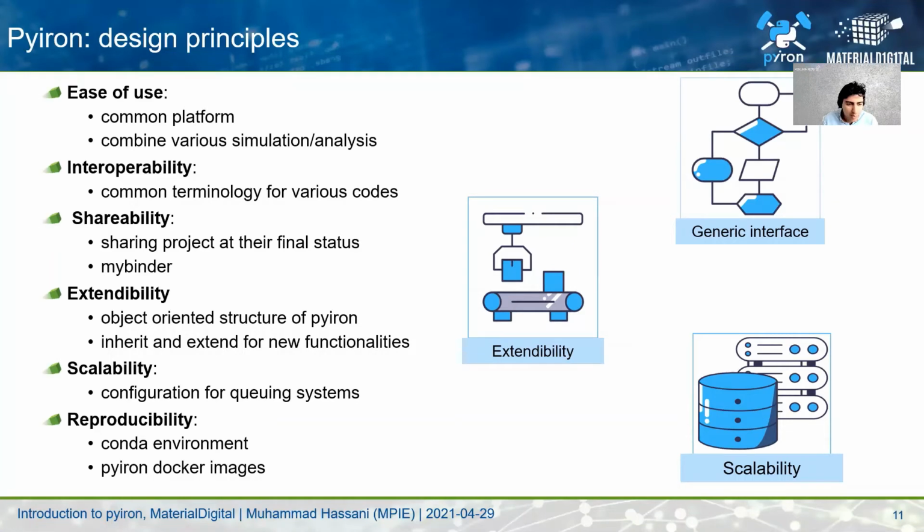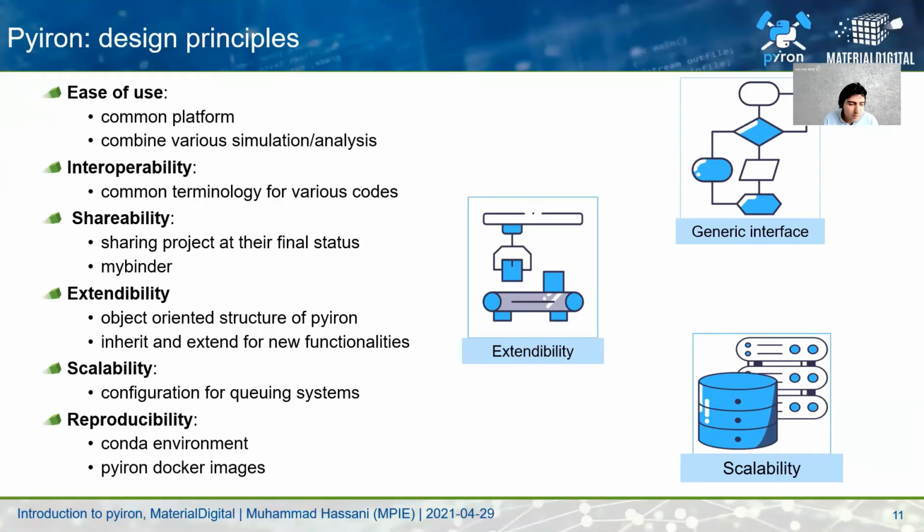As Pyiron has an object-oriented structure, one can simply inherit and extend the Pyiron classes for new functionality, as it might be required for a new workflow that you are interested in.